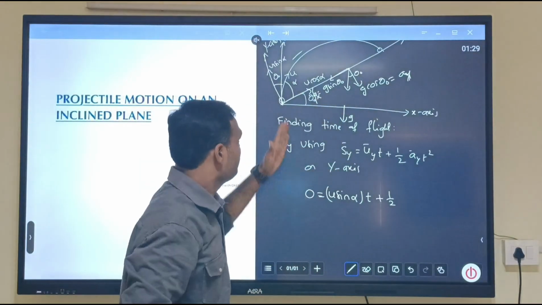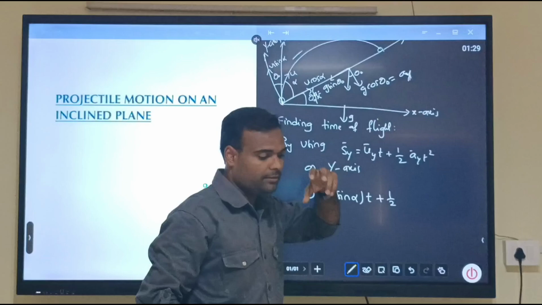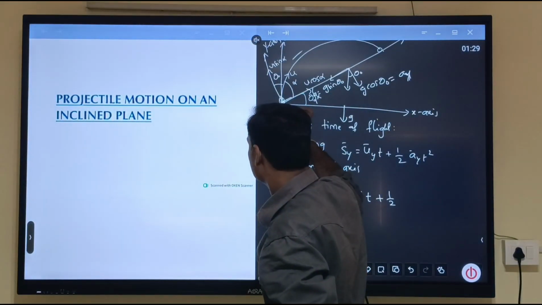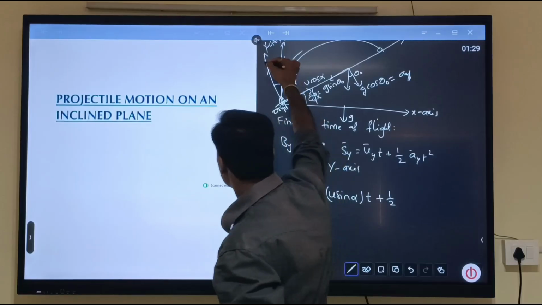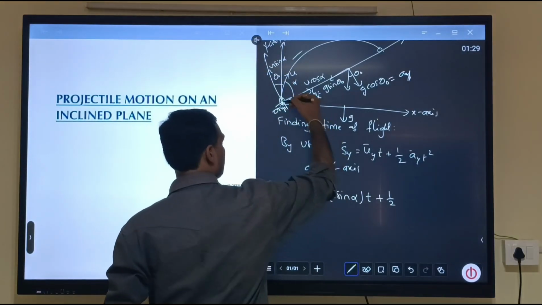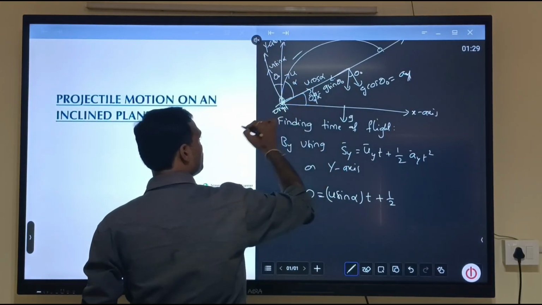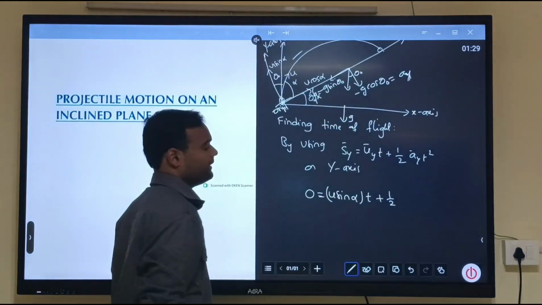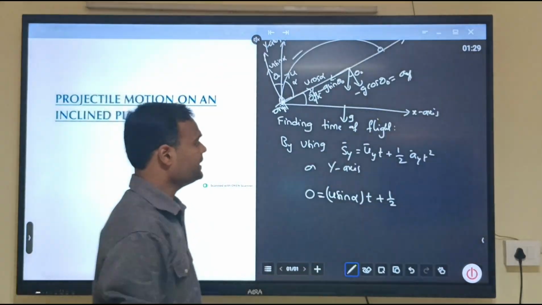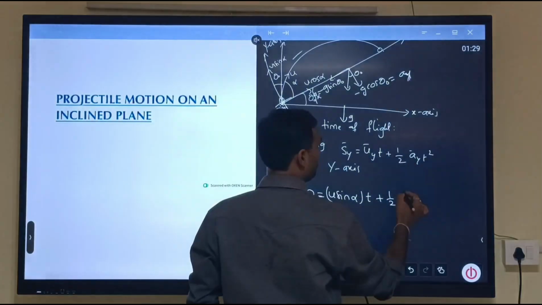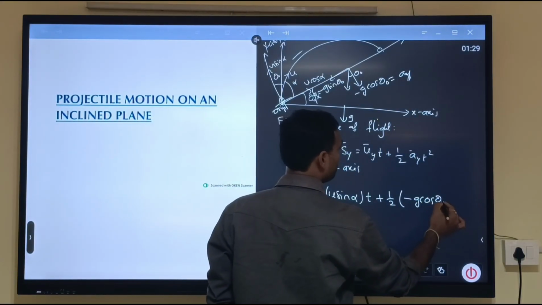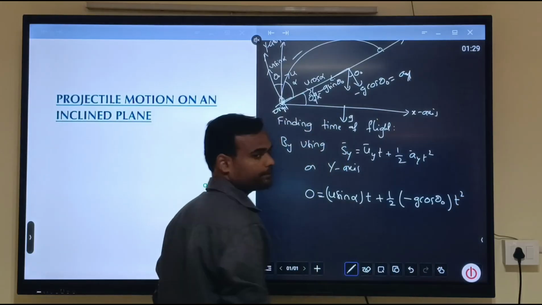And remember, with respect to point of journey, that is, we consider this as origin. From origin to upward direction positive, to downward direction negative, rightward direction positive, leftward direction negative. So can you see this will be minus and this will be minus. Clear? Then here acceleration on y-axis minus g cos theta naught into t square.